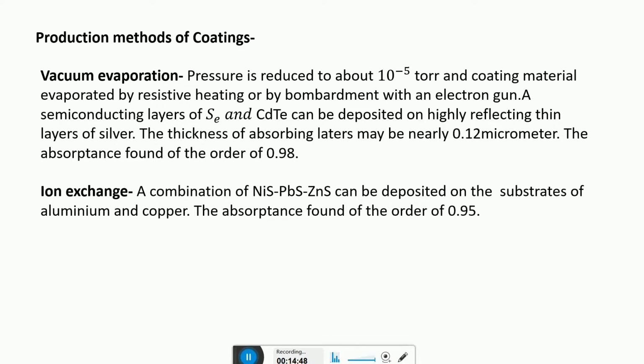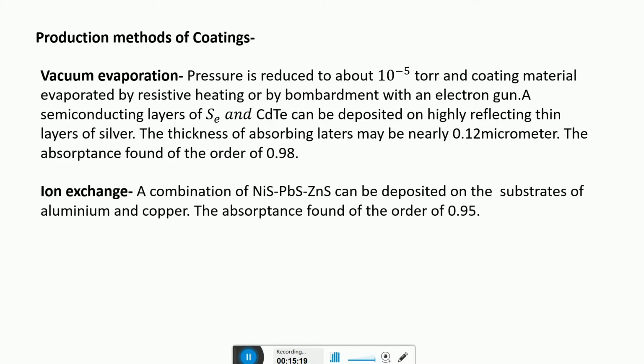Then the second method is the ion exchange method. Selective coatings are prepared by this method also. For example, a combination of nickel sulfide, lead sulfide and zinc sulfide can be deposited on substrates of aluminum and copper.